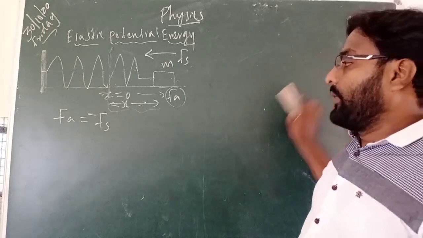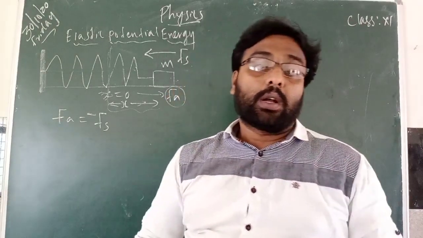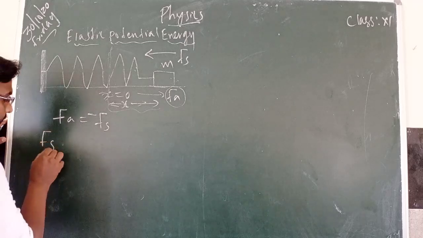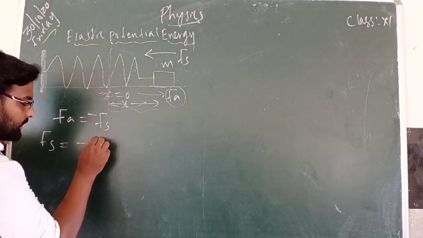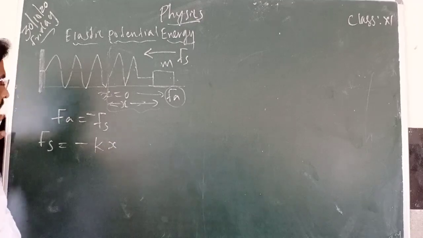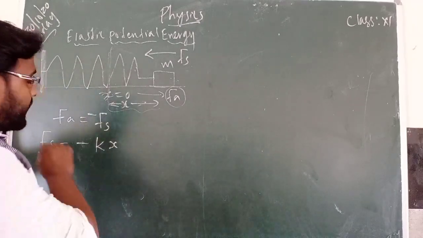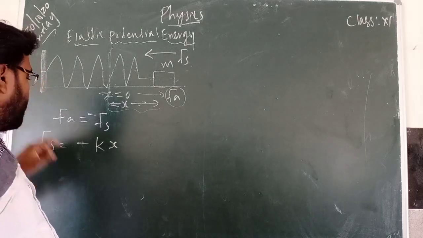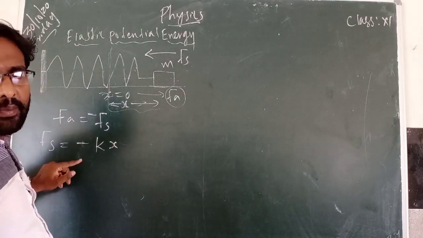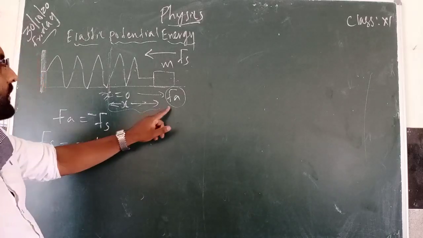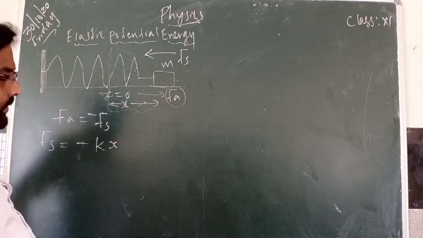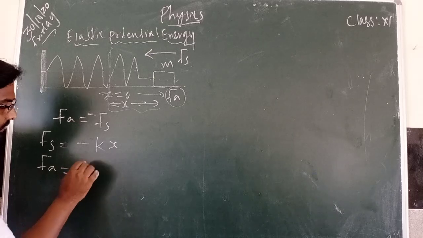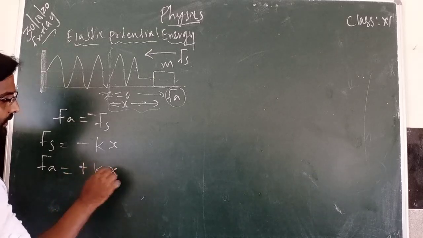So here we can apply Hooke's law. According to Hooke's law, we can write the formula Fs is equal to minus Kx, where Fs is the restoring force. So Fa you can write as plus Kx.